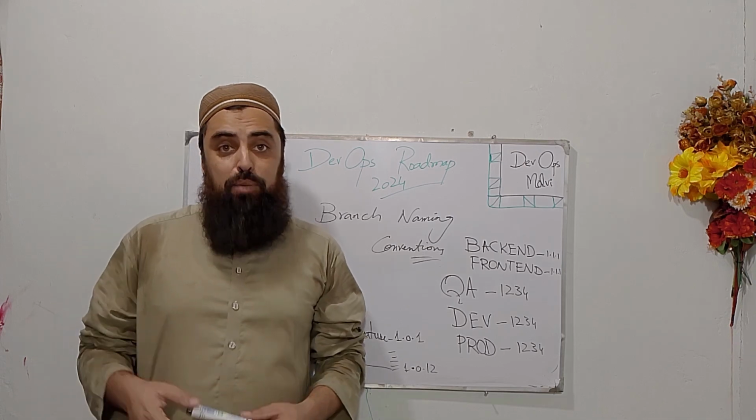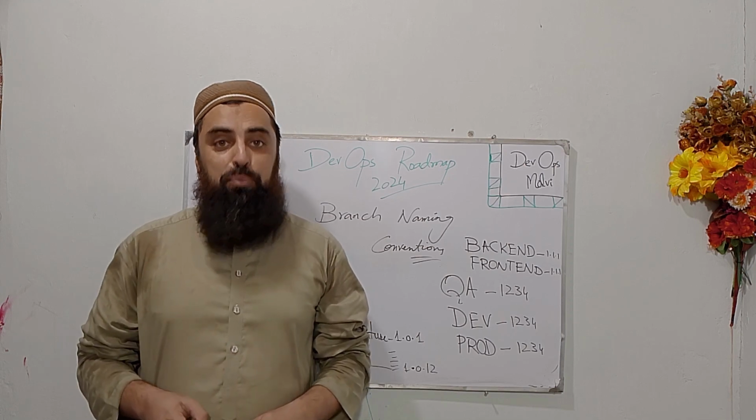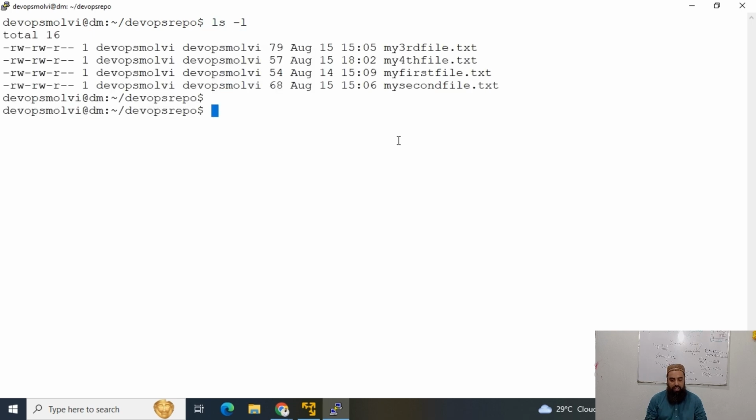Alright fellas, it is time for our lab session in which we are going to play with Git branches. Alright guys, this is my repository that we created in our second lecture, how Git works. And you saw that we created a couple of files just to play with how Git works. First of all, we have only one branch on this Git repository.